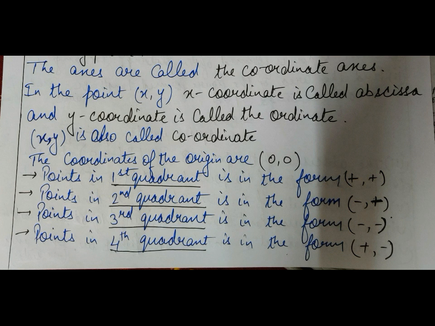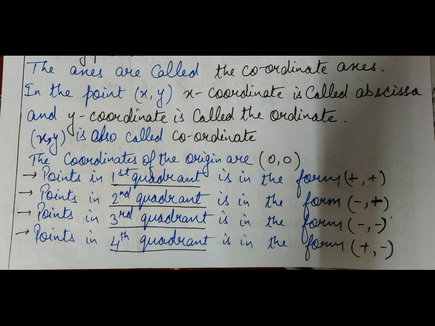These are very important for this chapter. Now next, the coordinates of the origin are (0, 0). Always remember this. Then there are 4 more points according to which we will be able to find in which quadrant the points lie.